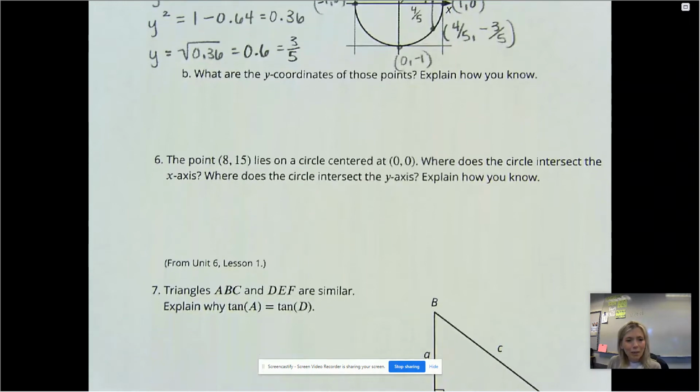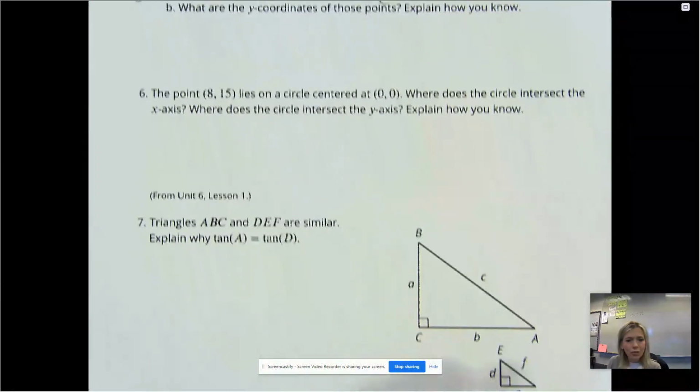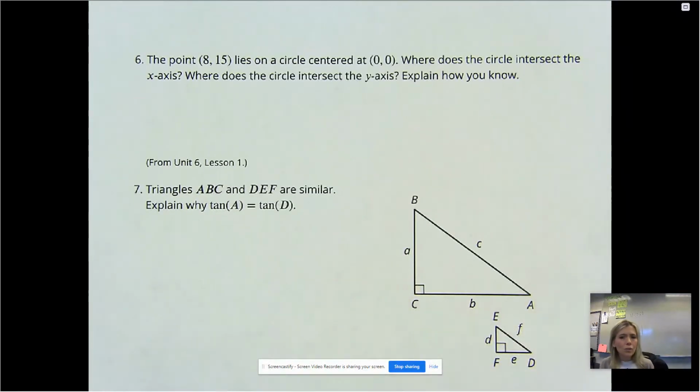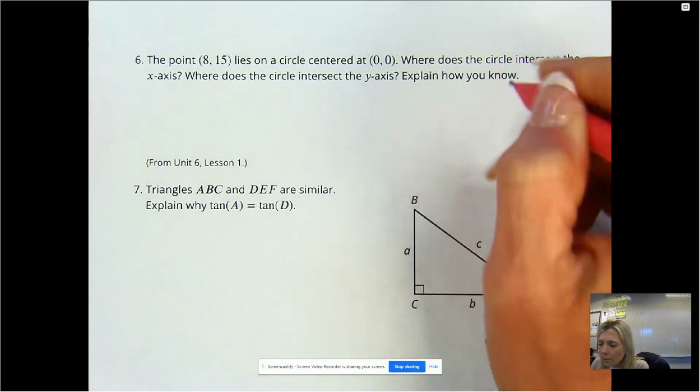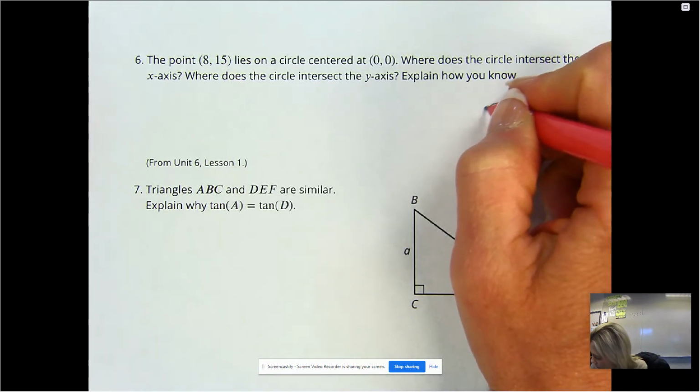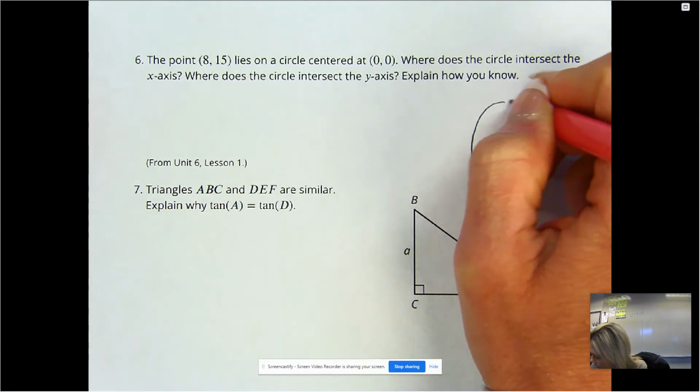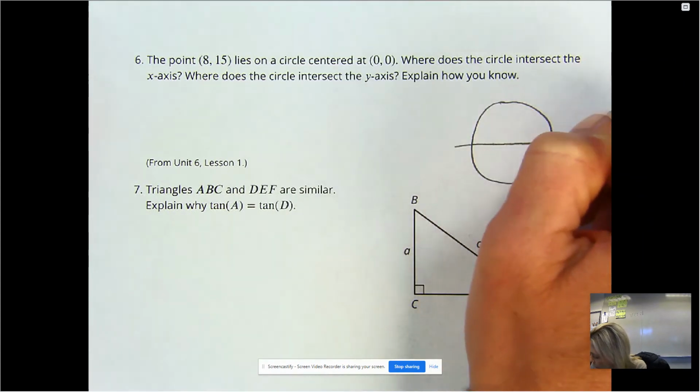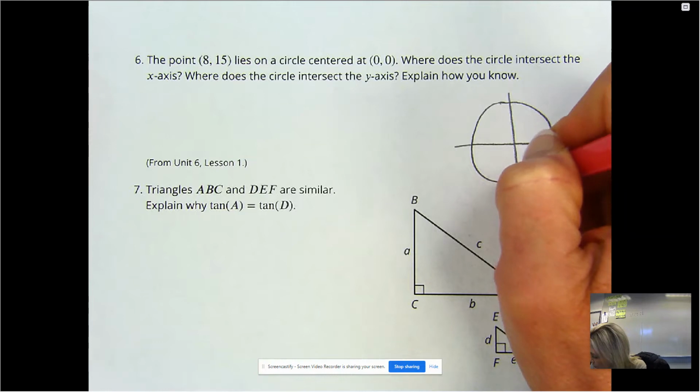Number 6, the point (8, 15) lies on a circle centered at (0, 0). Where does the circle intersect the x-axis? Where does the circle intersect the y-axis? Explain how you know. So if we think about a circle, and the center of the circle is at (0, 0).